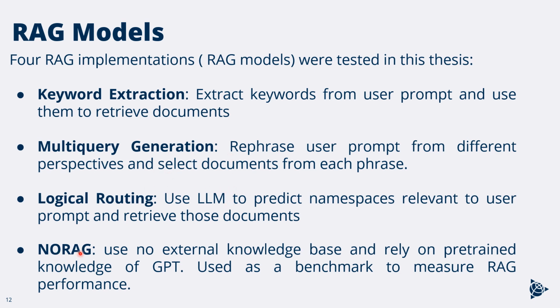And then finally, no RAG is essentially the idea that we would be using no external knowledge base, and just relying on the pre-trained knowledge of the GPT. This would act as a benchmark to understand how well RAG improves the performance compared to just using the pre-trained knowledge of the GPT.